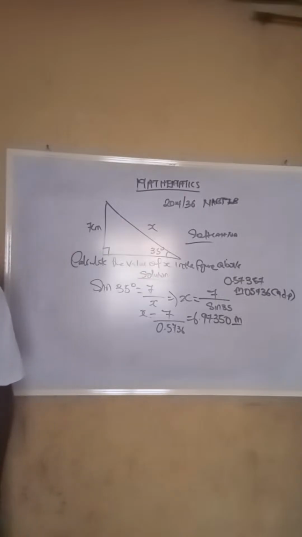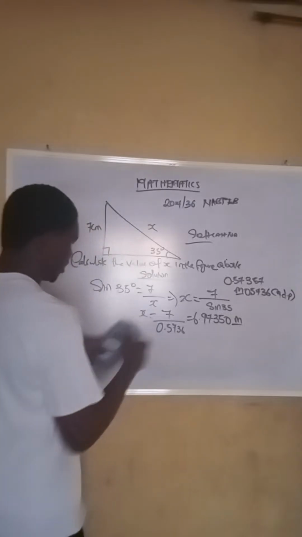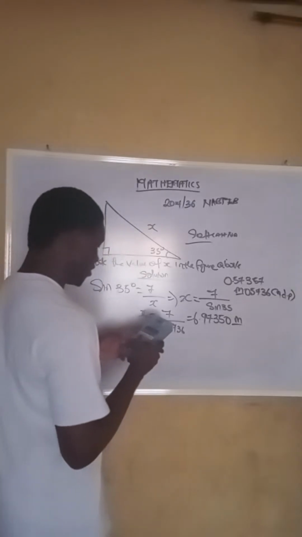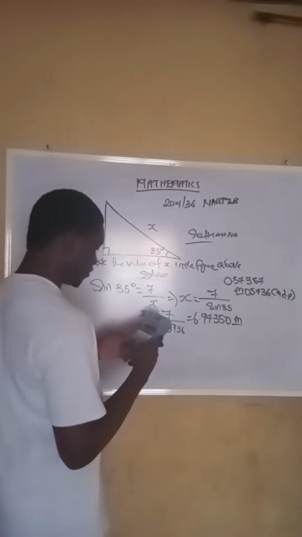So we have to approximate. Okay, let's check. Maybe I think there's a mistake here. So let's do it again. You have 7 divided by sine 35.